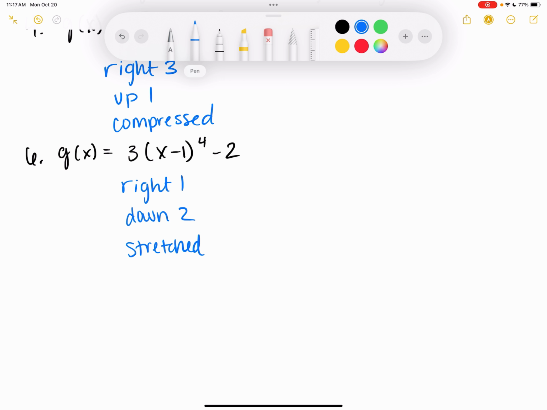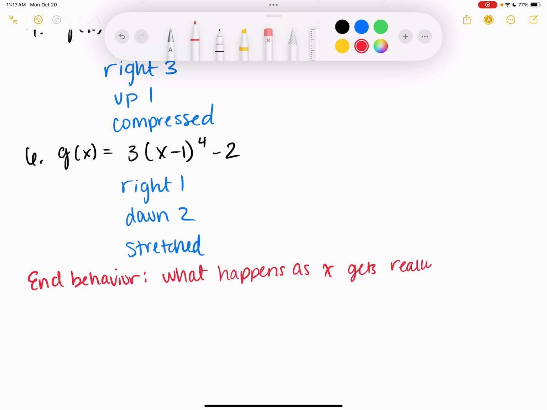All right, we're jumping a pretty big chunk because it's all just doing stuff on your calculator that we don't need to worry about. And so we're looking at end behavior. So this is what happens as x gets really big or really small.